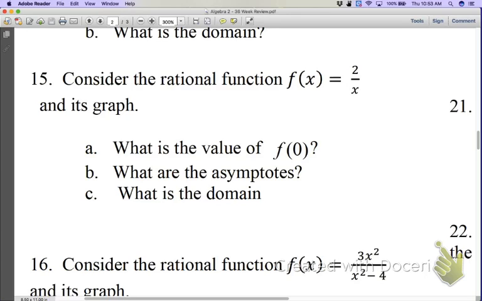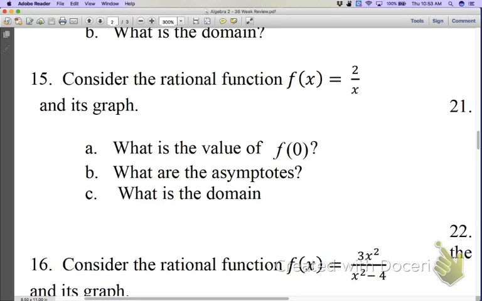All right, so 15 says consider the rational function f of x equals 2 over x and its graph. What's going to happen is you're going to have a graph of something like this already. Basically it's just going to be as simple as what's the value of f of 0.